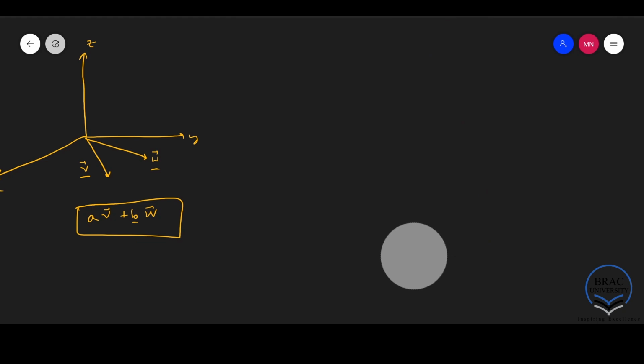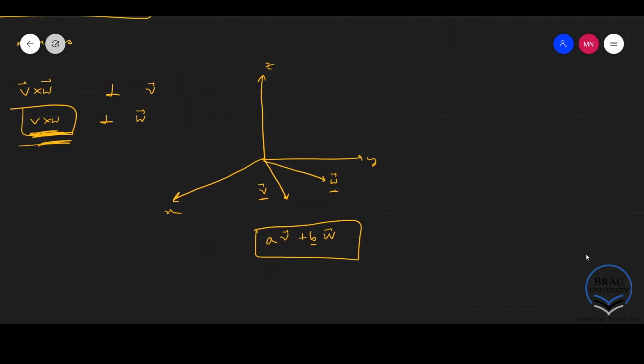So similarly, if I go back to my three-dimensional Cartesian coordinate system over here, if I consider the linear combination of v and w, it will just generate a plane like this that extends infinitely far, right?